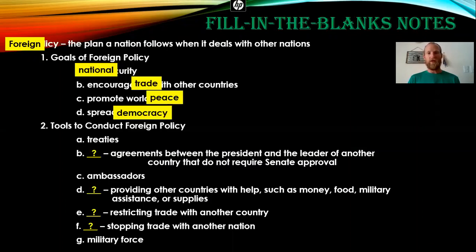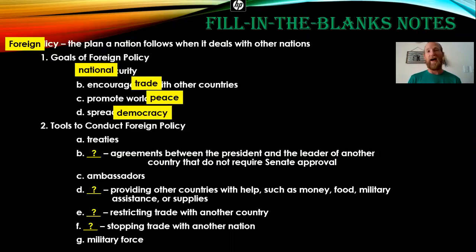So sometimes we will intervene around the world, intervene with foreign countries in order to topple oppressive governments, like autocratic governments, where one person is in complete control, like a dictatorship or absolute monarchy. Maybe communist or socialist countries, again, that more act like an oligarchy where a small group of people are in charge and kind of restrict the rights of the people. So there are 4 goals of foreign policy.